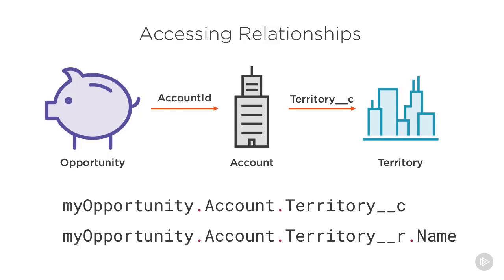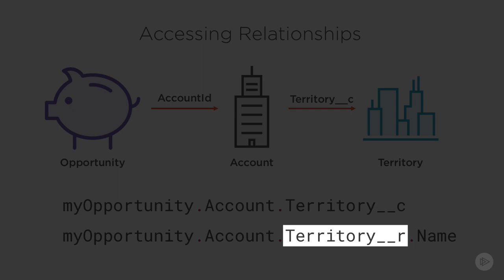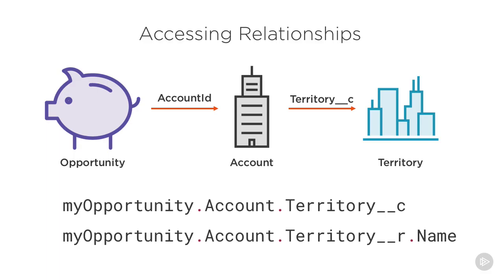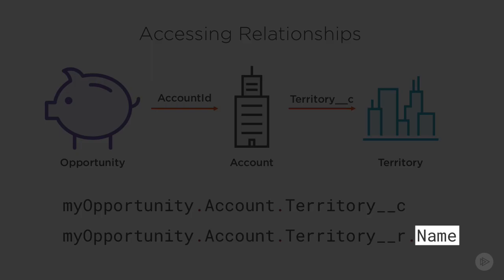When accessing a custom object relationship, however, we use __r instead of __c. I like to think the R stands for relationship, so it's easier to remember. After traversing that custom relationship, you can now access fields from the territory.